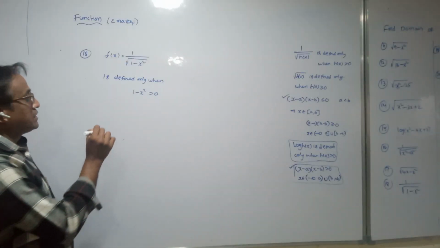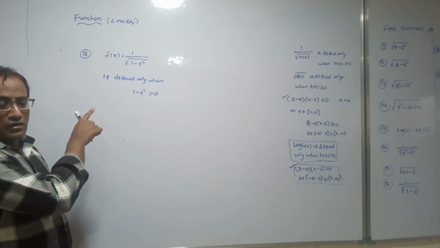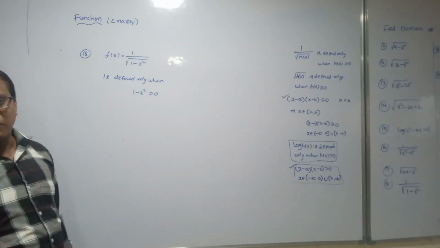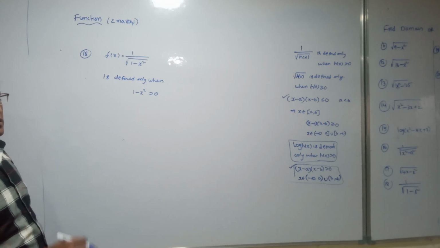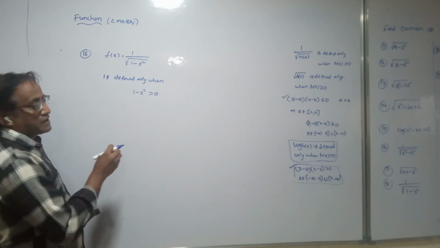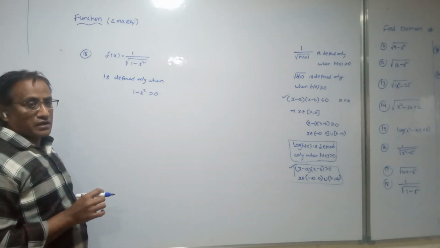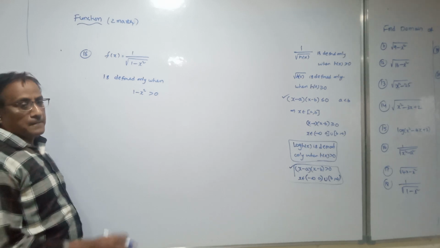Remember that even if you write greater than or equal to 0, they will not give you the marks. Very, very important. You have to write exactly the required domain. That's why this topic is very, very important for those who want to get 75 marks.